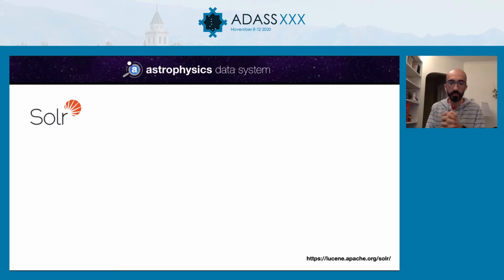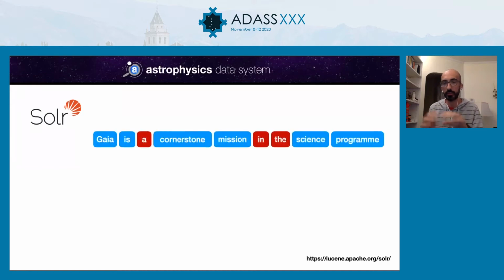This search engine is specialized in textual data, which means that it takes titles, abstracts, and full text of articles, and it goes through the sentences and focuses on the individual words of those sentences.